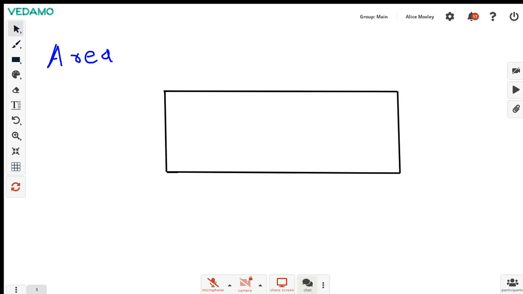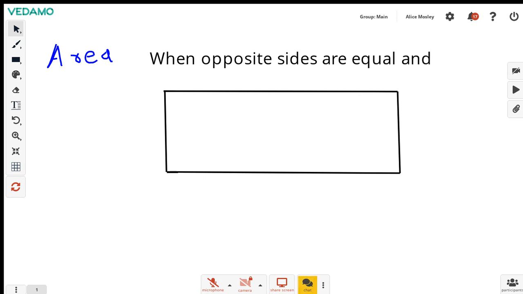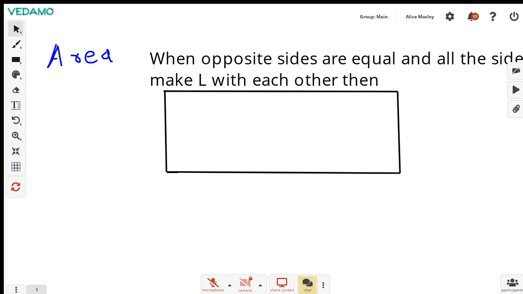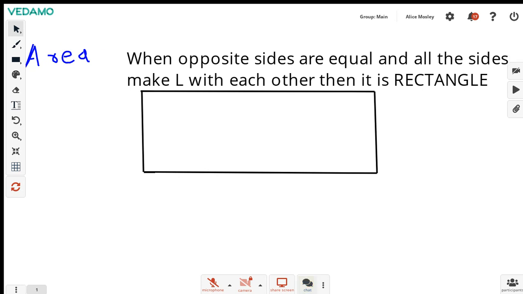When opposite sides are equal and all the sides make L with each other, then it is a rectangle.